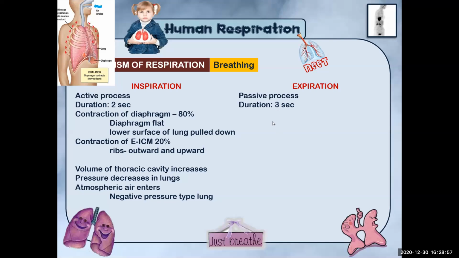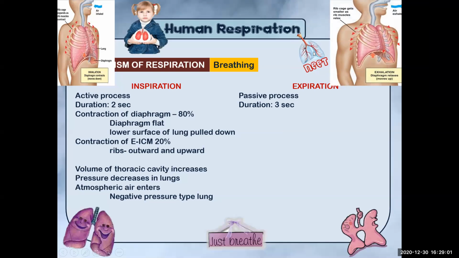Expiration needs 3 seconds. Now what happens here in expiration? Can you see the arrows? The ribs will be pushed downwards. And here the diaphragm ka dome is being pushed upwards. So there is relaxation of diaphragm. Diaphragm goes back to being dome shaped. The lower surface of the lung is pushed up now.